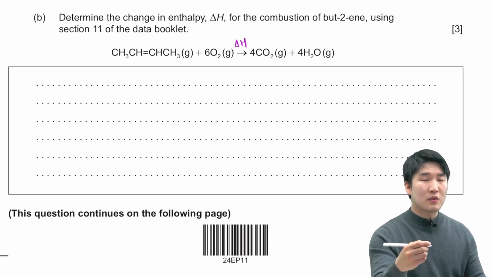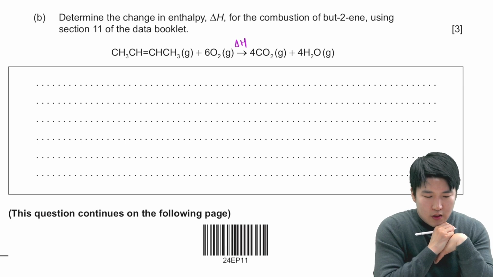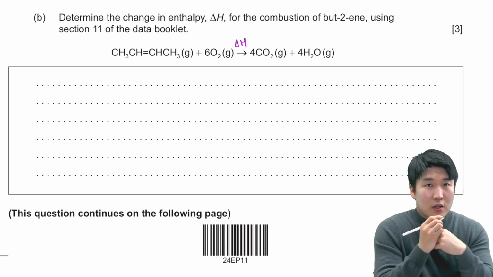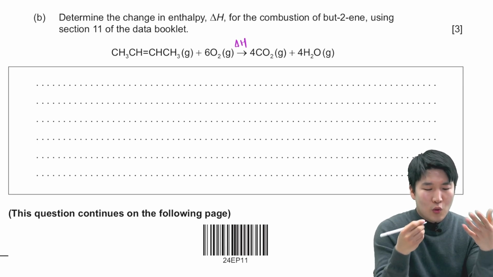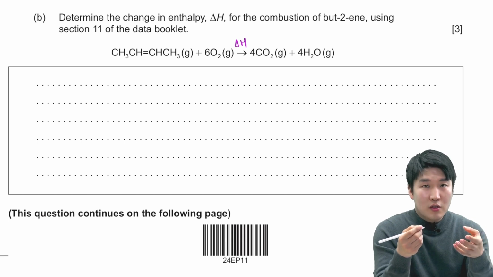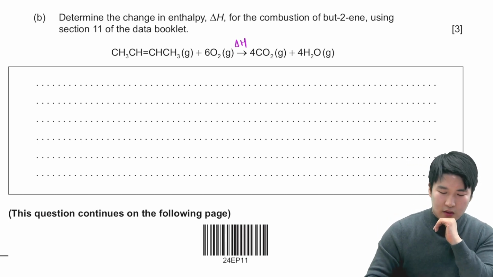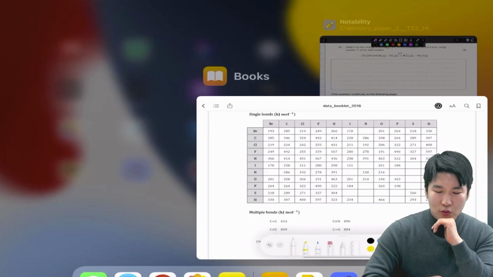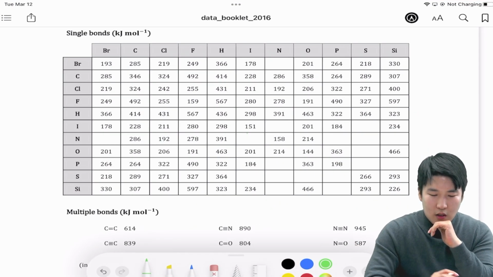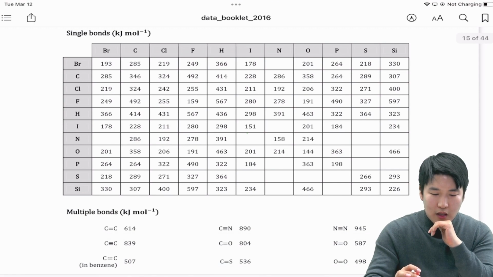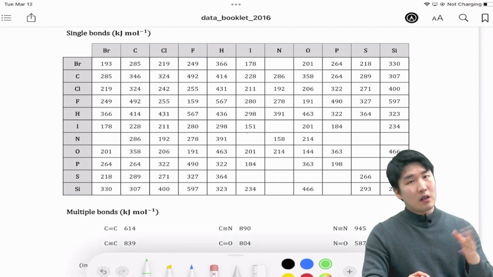We can work this out via two routes: bond enthalpy calculation or delta H formation using a Hess cycle. Section 11 tells us that we should use bond enthalpy values.